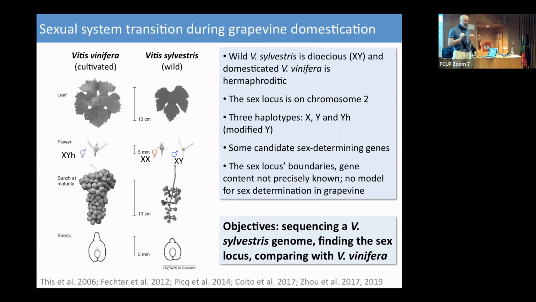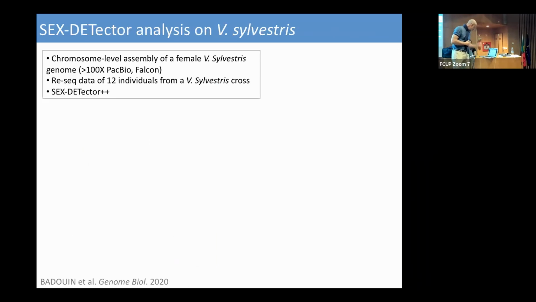So what we did, first we sequenced a genome of the wild grapevine, Vitis sylvestris, and then we tried to compare our data with Vitis vinifera. So as I told you, we first obtained a female Vitis sylvestris genome.